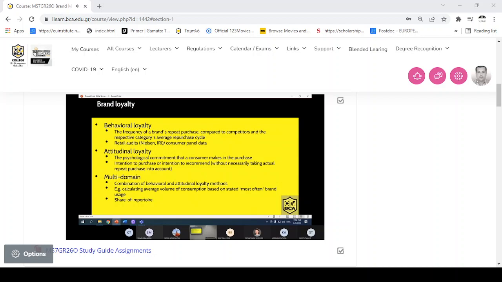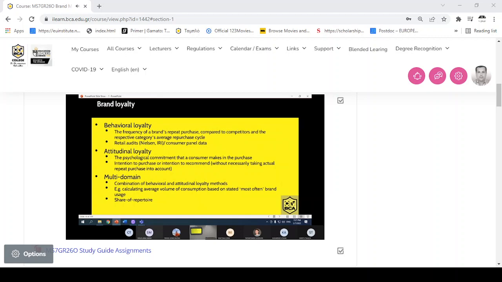And the third one is a mixture of these two, a combination of behavioral and attitudinal loyalty methods. For example, when you have calculated what percentage of the entire consumption of a consumer group is accounted for by your brand, then you can use this pool as the basis for calculating the average volume consumption, and then compare it to other groups, for example, more peripheral purchasers.